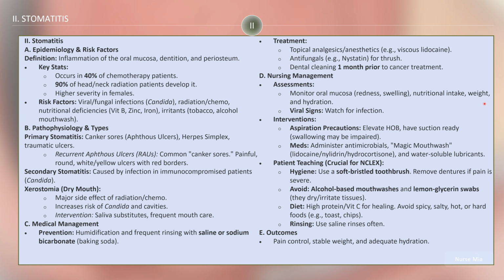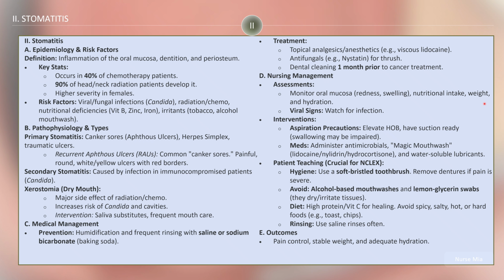For clinical manifestations, there is dry, red, swollen, cracked oral mucosa, mouth ulcers, open bleeding sores, and pain. There is dysphagia, difficulty swallowing, or odynophagia, painful swallowing, and dry mouth, xerostomia.